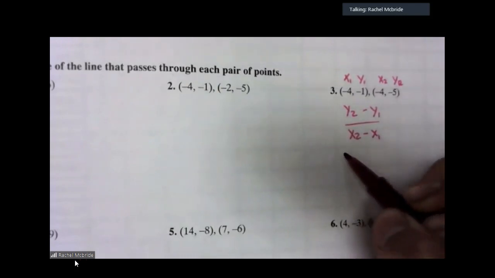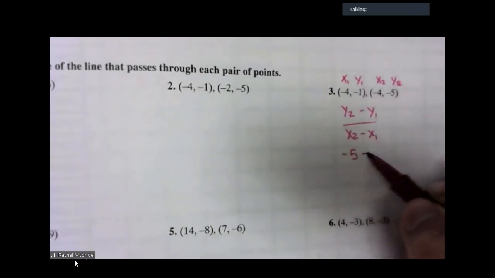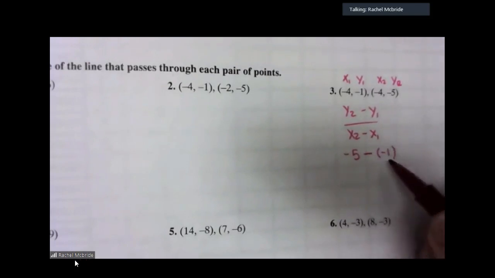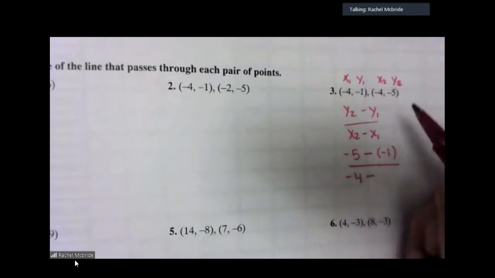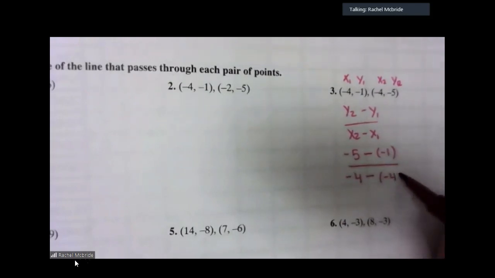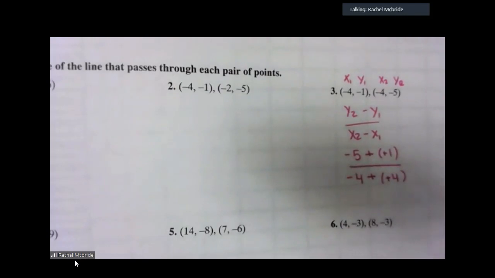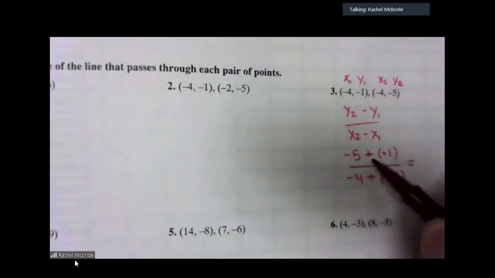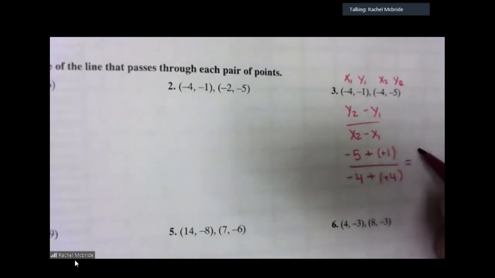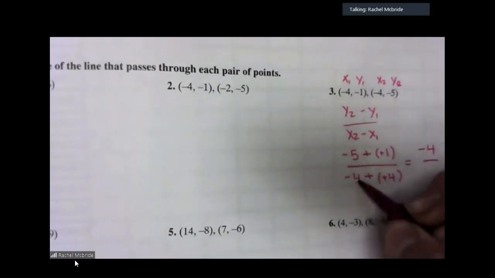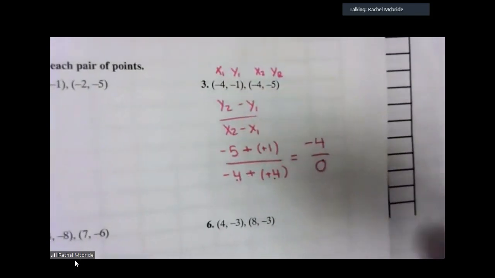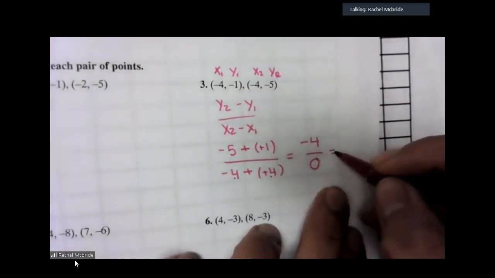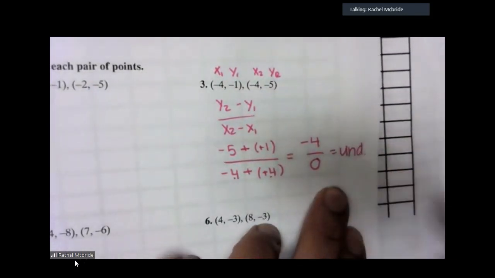So y2 is negative 5 minus y1, that's negative 1. x2 is negative 4 minus x1, that's also negative 4. Minus a minus turns to positive. Negative 5 plus 1 is negative 4. Negative 4 plus 4 is 0. A number over 0 is undefined.